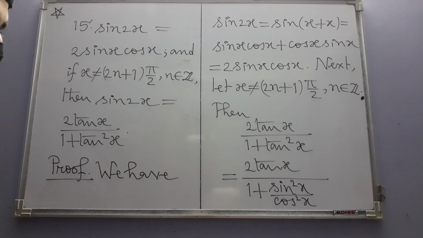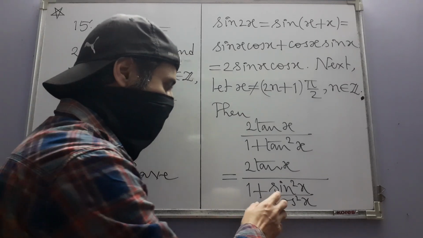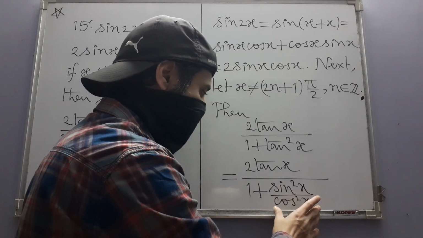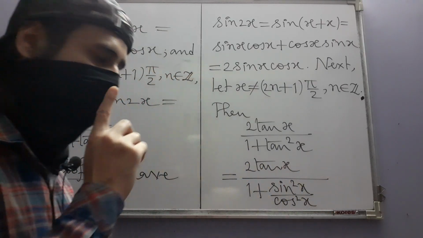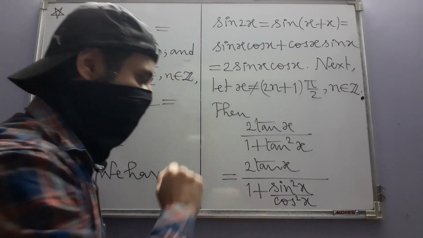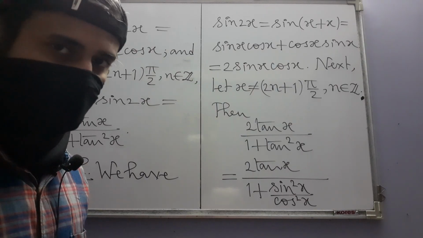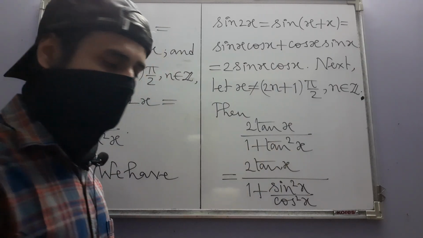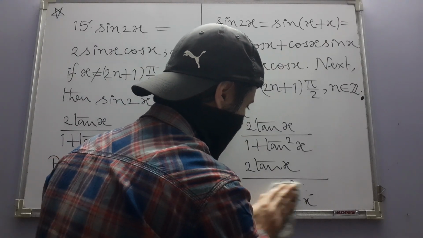So if you want, you can directly write that instead of doing these things, because you can see immediately what you are going to get. Cos square will come here, cos square plus sin square will become 1. So 1 divided by cos square x is secant square x. But if you have memorized the formula that 1 plus tan square x is secant square x, you just write that.